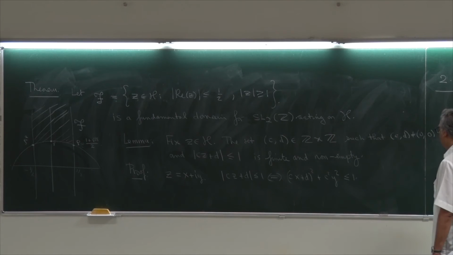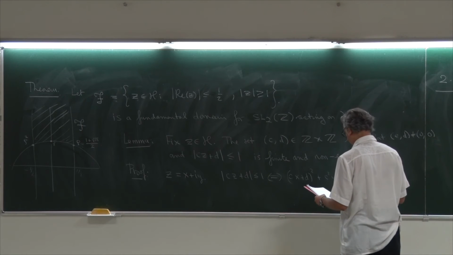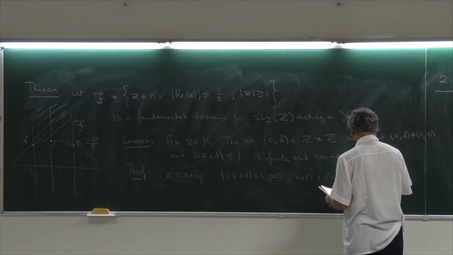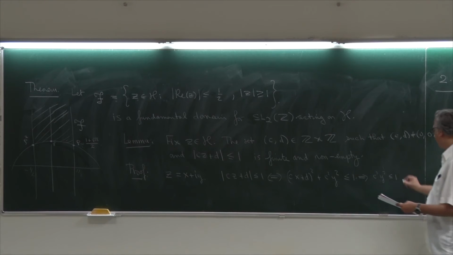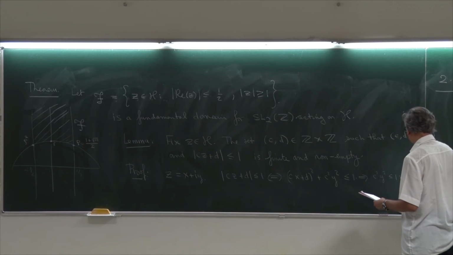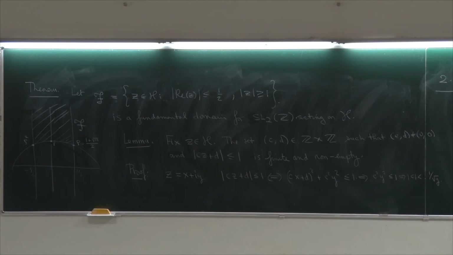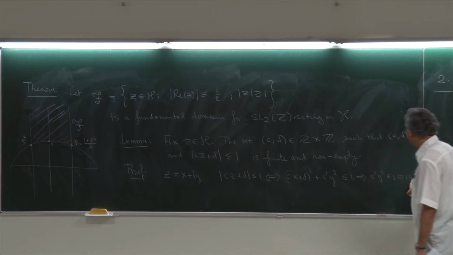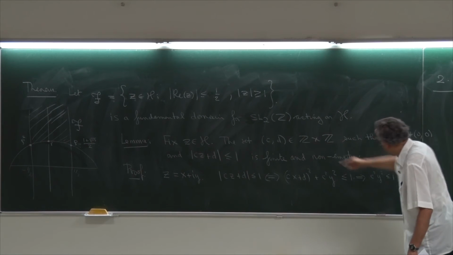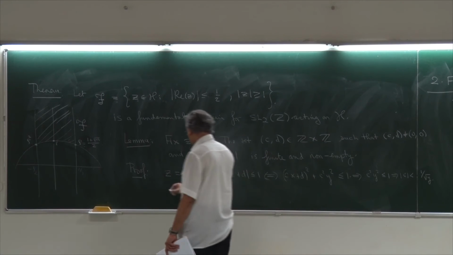So in particular, c squared y squared is less than or equal to 1, which means that the absolute value of c is less than 1 over square root of y, keeping in mind that y is positive. And c is an integer, remember. There are only finitely many integers in any bounded interval, therefore c is bounded.